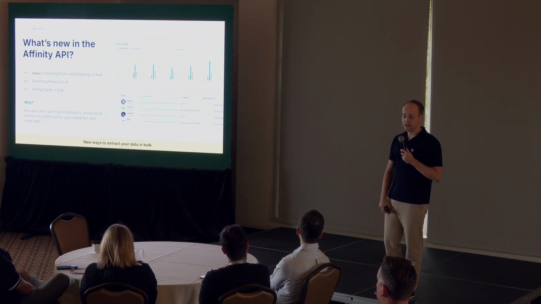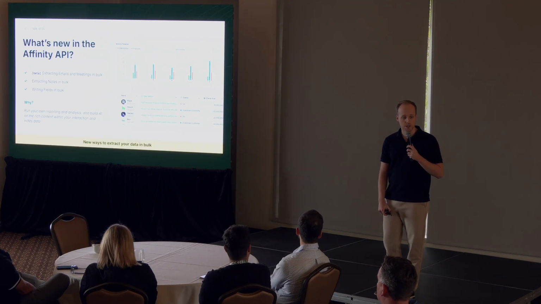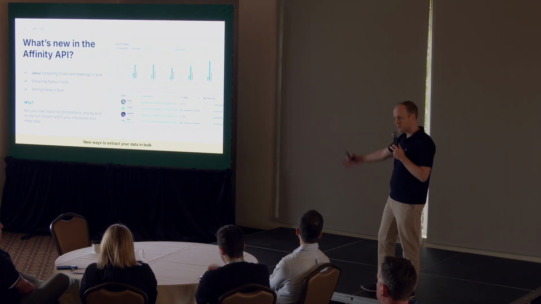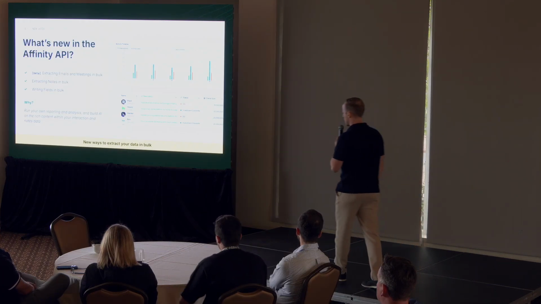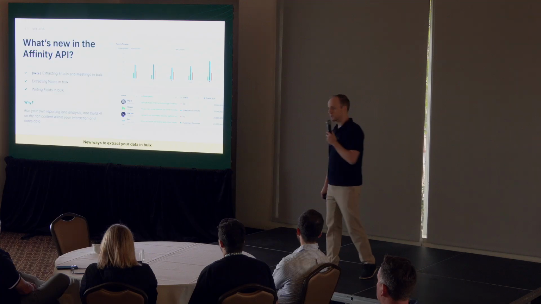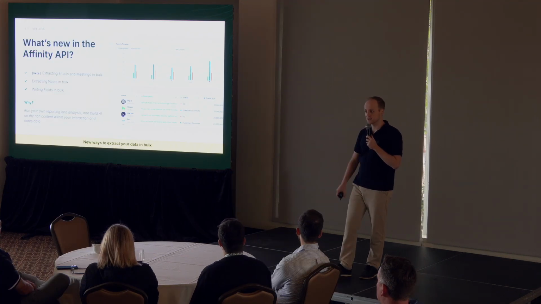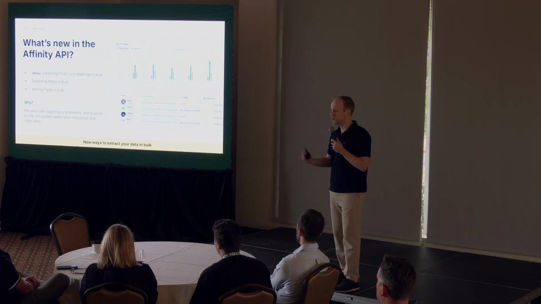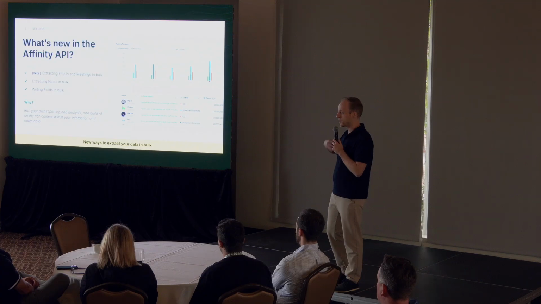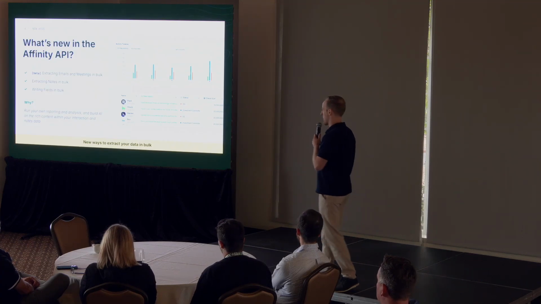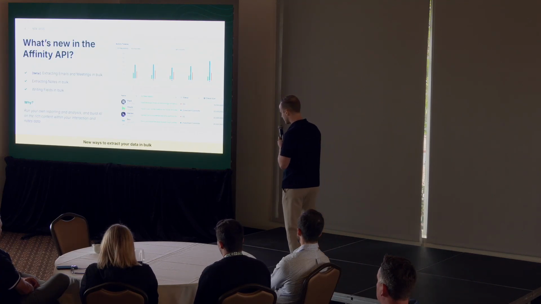A lot of our customers are using this to take data out of Affinity and put it in their data warehouse. Last I checked, we're a couple of days away from some filters being added to these endpoints, so you can just fetch the new stuff, things that have been updated. You don't have to re-grab the world every time you query these APIs.